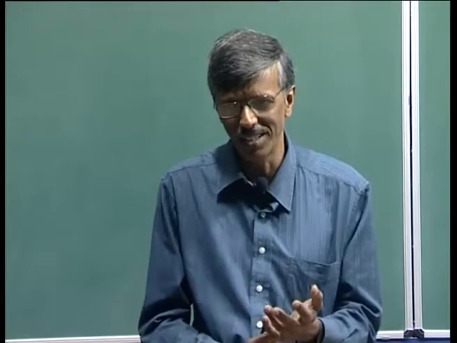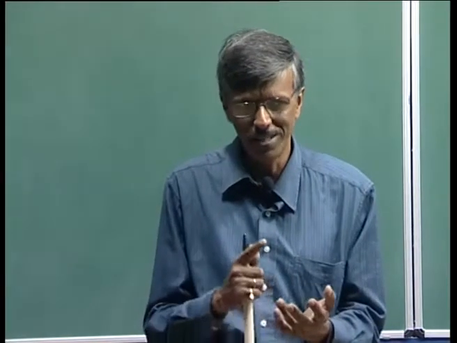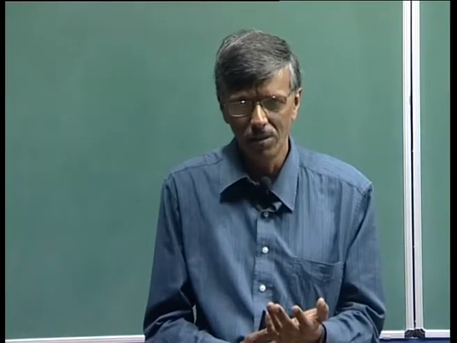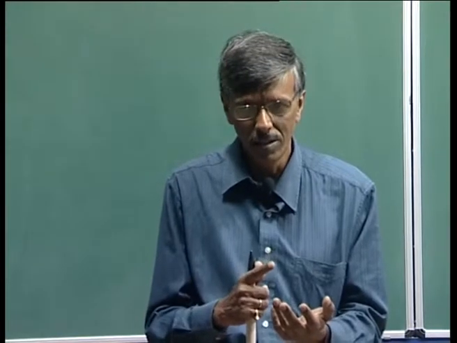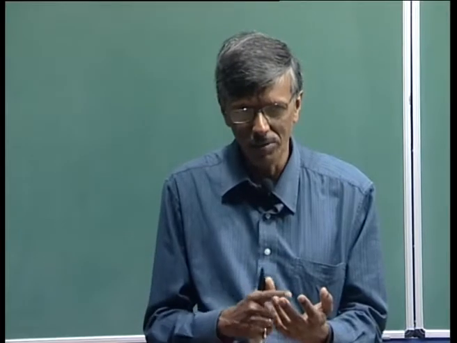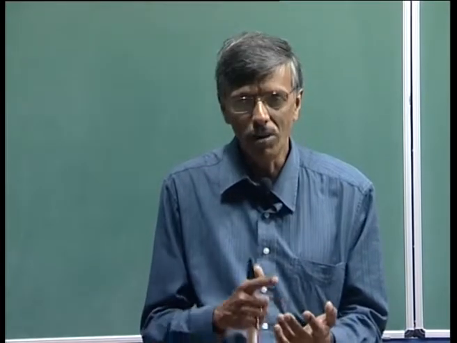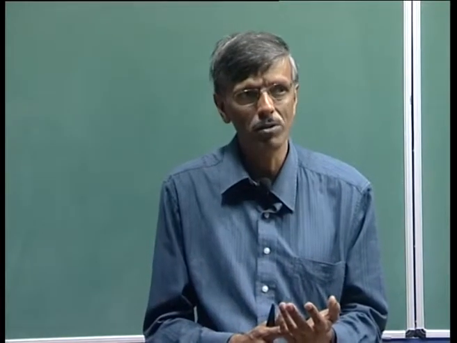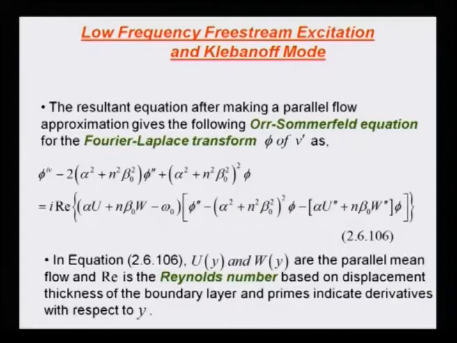By assuming the signal problem, we are just looking at omega naught. By assuming span-wise periodicity, we are fixing the beta naught. For different values of n, we are going to get different things.